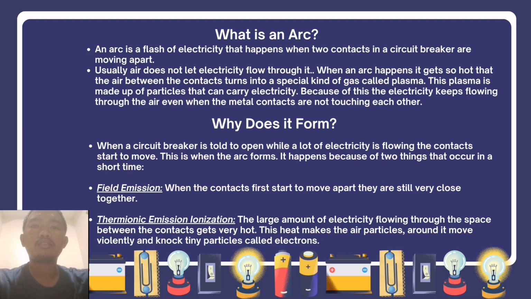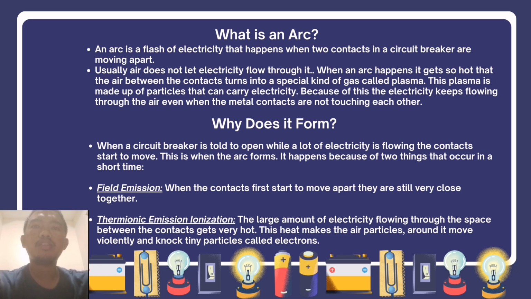What is an arc? An arc is a flash of electricity that happens when two contacts in a circuit breaker are moving apart. Usually, air does not let electricity flow through it. When an arc happens, it gets so hot that the air between the contacts turns into a special kind of gas called plasma.